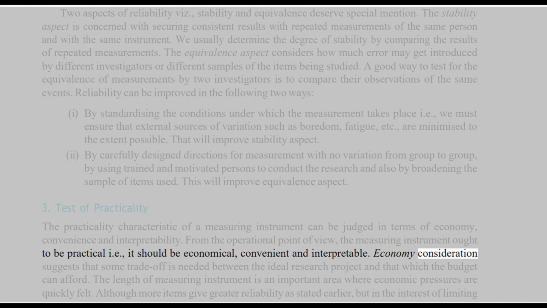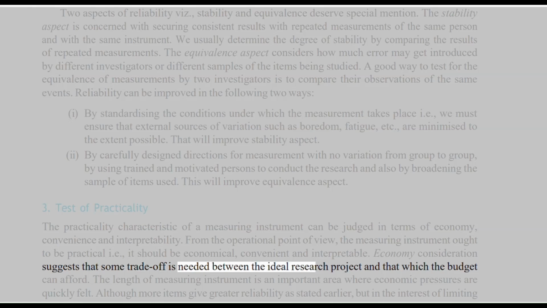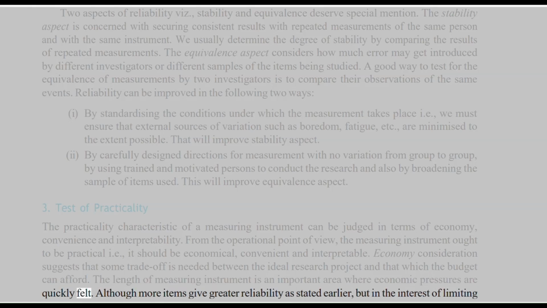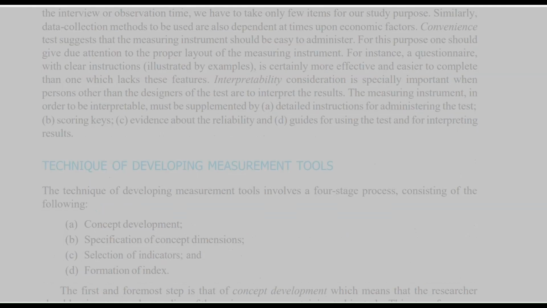Economy consideration suggests that some trade-off is needed between the ideal research project and that which the budget can afford. The length of the measuring instrument is an important area where economic pressures are quickly felt. Although more items give greater reliability as stated earlier, in the interest of limiting the interview or observation time, we have to take only a few items for our study purpose.